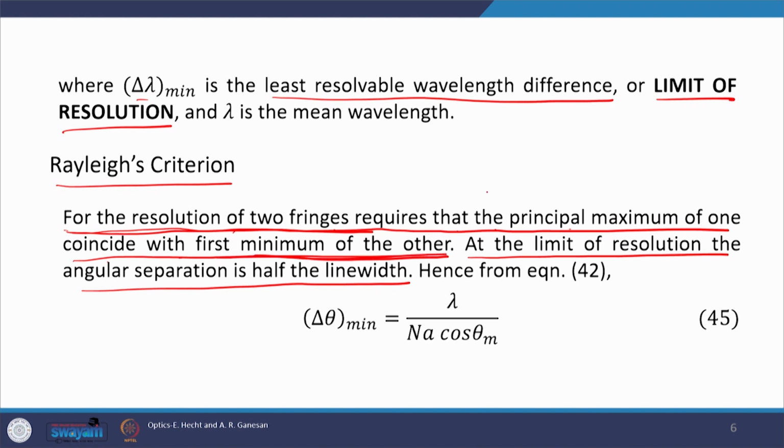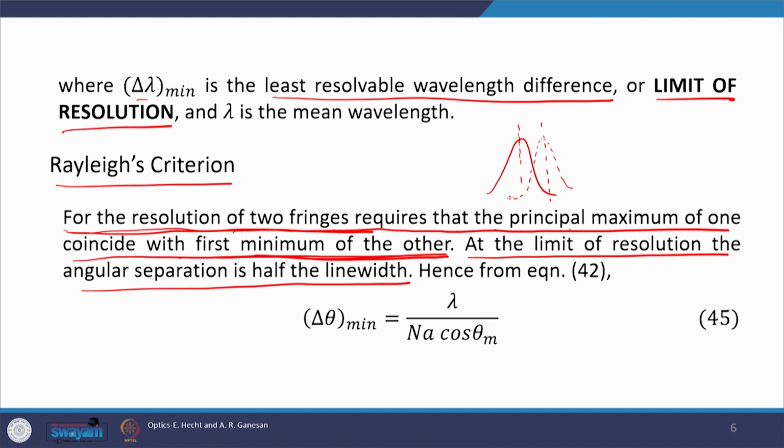first minimum. Suppose there is a fringe pattern which has maxima here. The two wavelengths form their diffraction pattern on some screen at some angle; if the principal maximum of one falls on the first minimum of the other, then only are the two wavelengths said to be resolved, or just resolved.